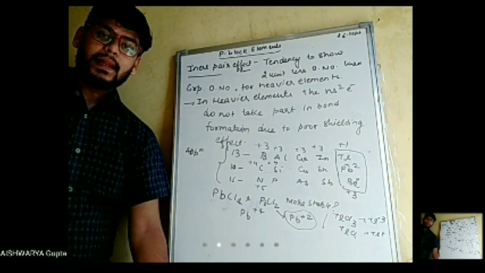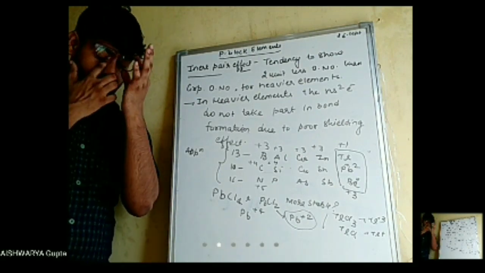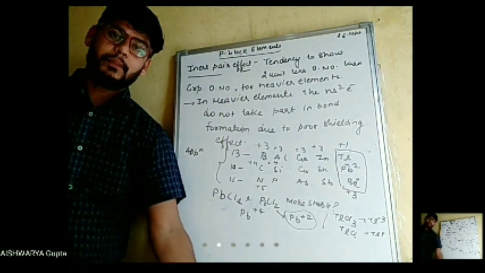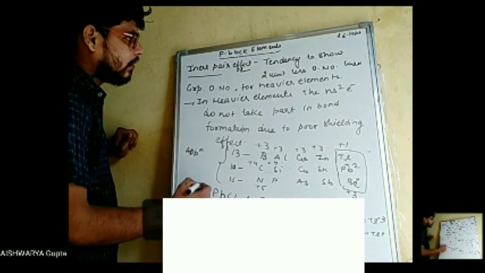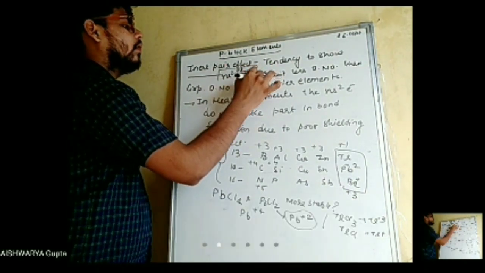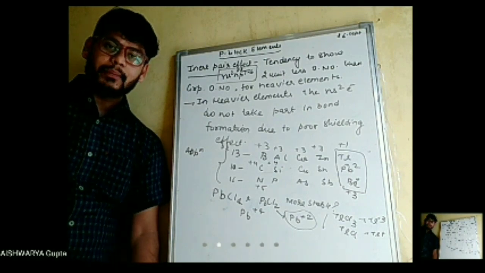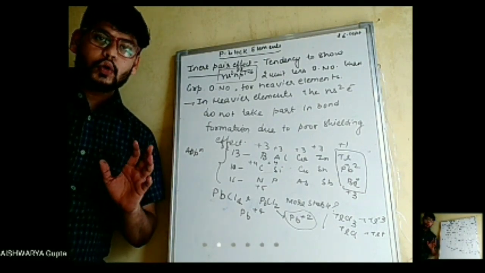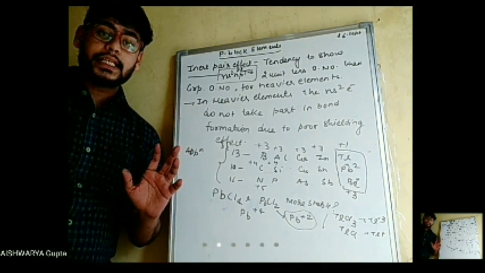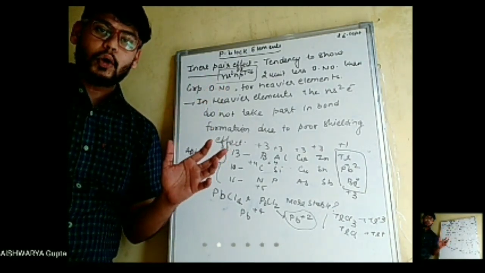Okay. So simply, inert pair effect is nothing. It is just like the ns2 in case of heavier elements. Since p block elements have configuration ns2 np1 to 6. In case of heavier elements, the ns2 electrons do not take part in bond formation.